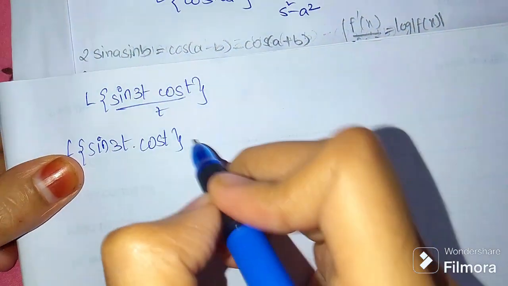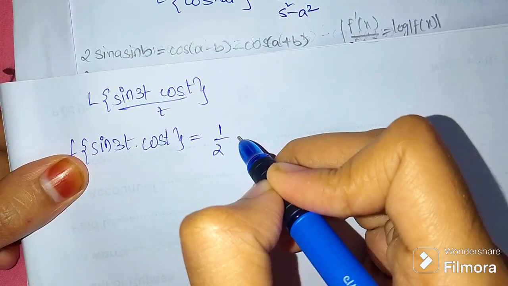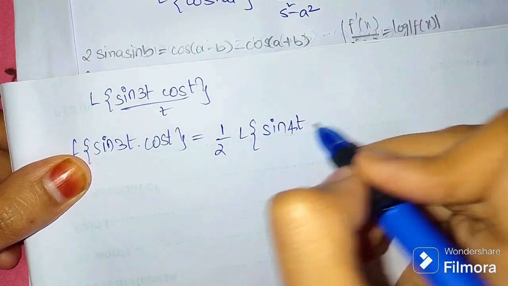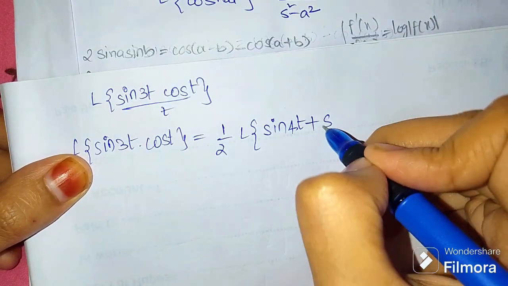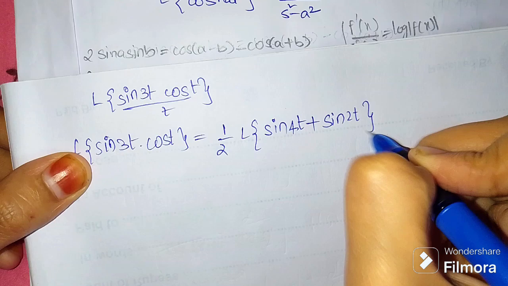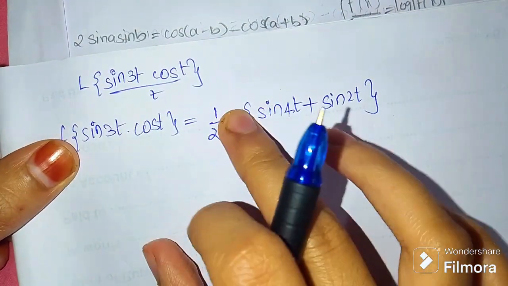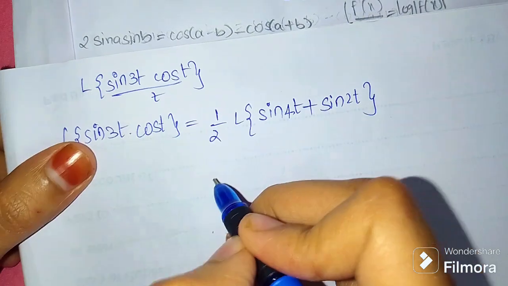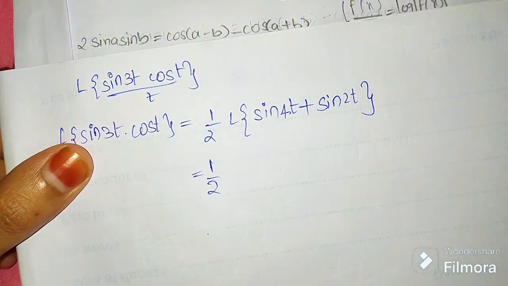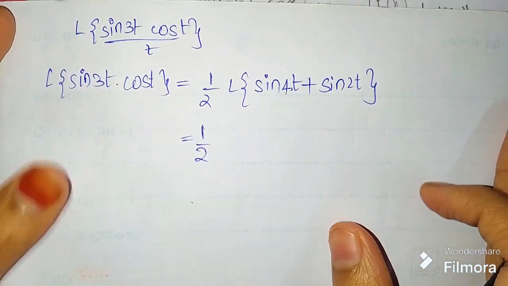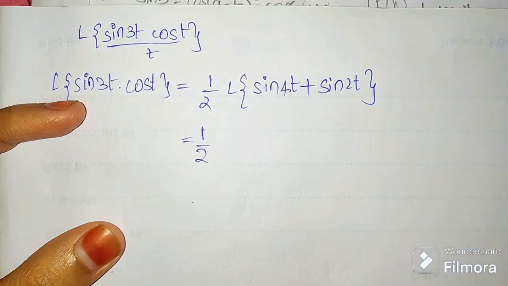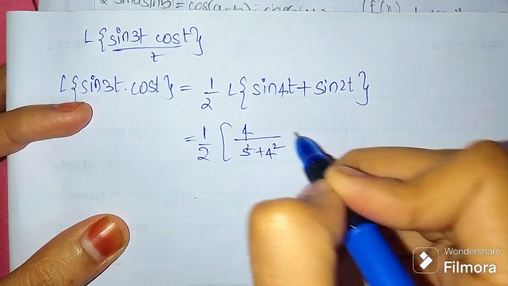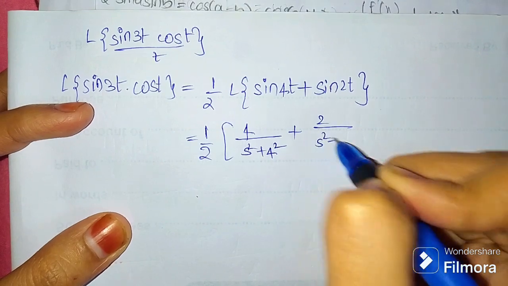So 1 by 2 Laplace of sin 4t plus sin 2t. Okay, why? Because only now we can use linear property. Before we cannot use linear property for multiplications. Okay, so what is Laplace of sin 4t? This is 4 by s square plus 4 square, and this is 2 by s square plus 2 square.